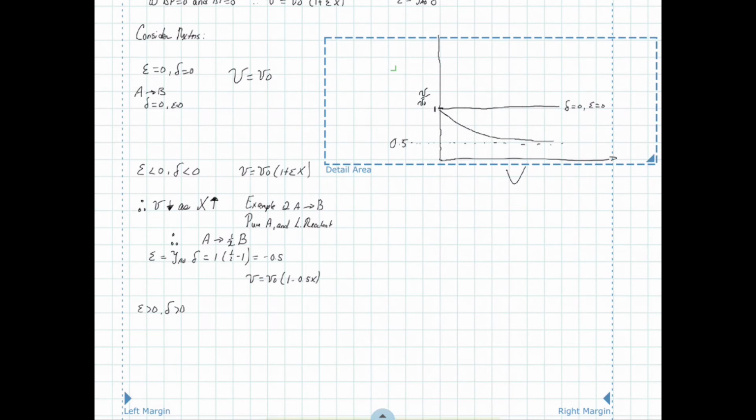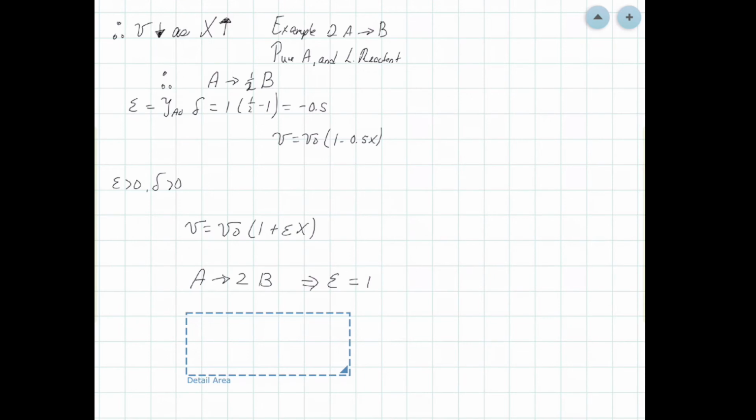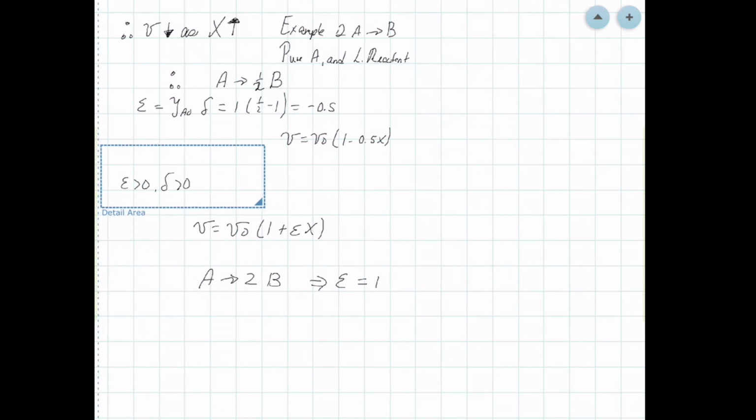So remember, in this case, delta is less than 0 and epsilon equals minus 1/2.